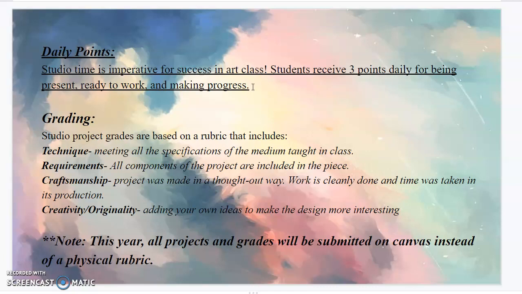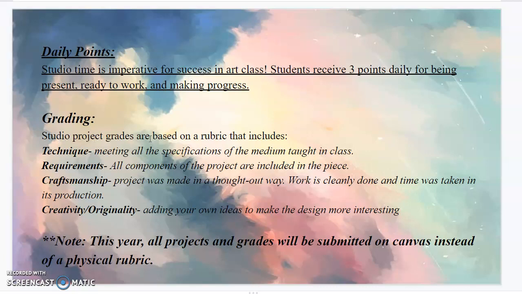If a student isn't here, not getting any work done, being on their phone the whole time, or falling asleep, they don't get those points. If your child needs to be home and quarantined, or staying home because they're sick or whatever, as long as they log into my Zoom, which is on my homepage on Canvas, I will give them 3 points for being here, and they will not lose those points. So that's a big part of their grade as well, just being here and being able to do the studio.